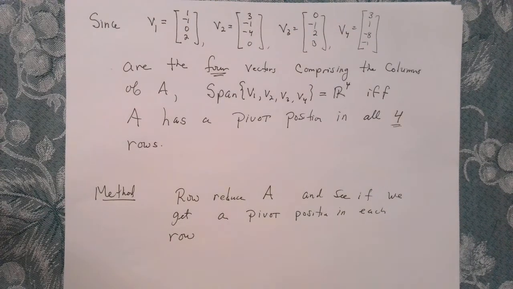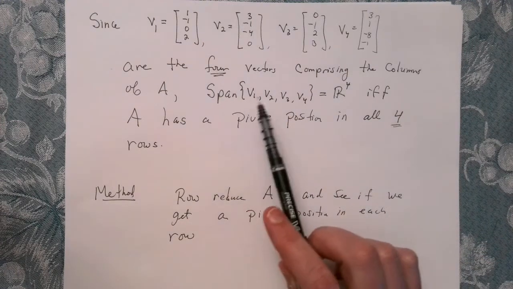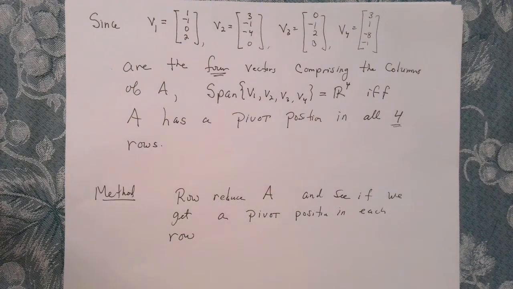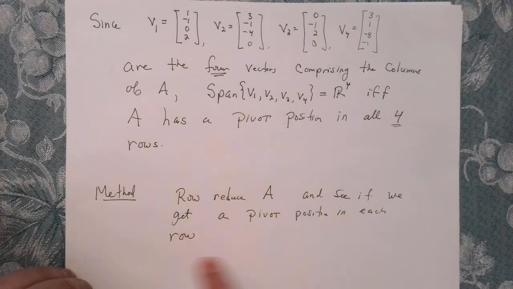Since v1, v2, v3, and v4 are 4 vectors comprising the columns of A, then the span of the 4 equals R^4 if and only if A has a pivot position in all 4 rows. So what's our method for determining this? We want to row reduce A and see if we get a pivot position in each row. If we do, that means the span of the columns will give me all of R^4.